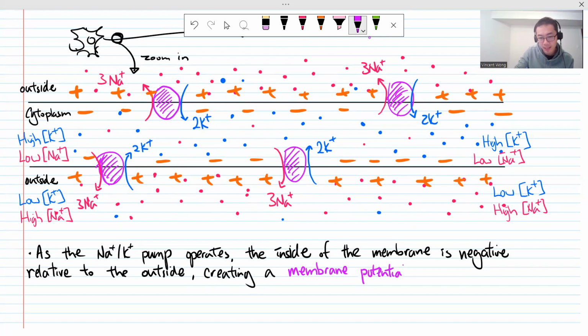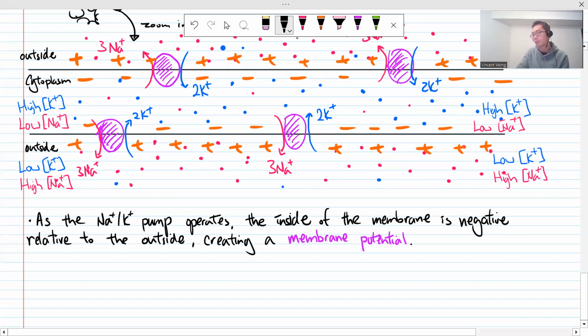I will explain what that means in a second, okay? Just copy it down first. Creating a membrane potential.